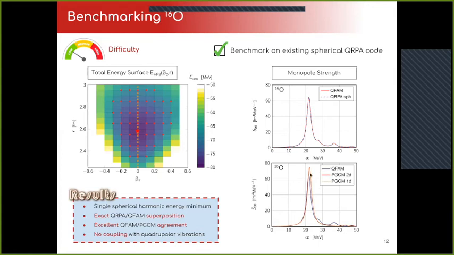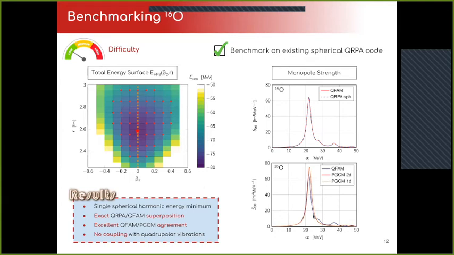And also you see that the blue line, representing the previous QFAM calculation, is not exactly the same, but P-GCM and QFAM are not expected to provide exactly the same results.